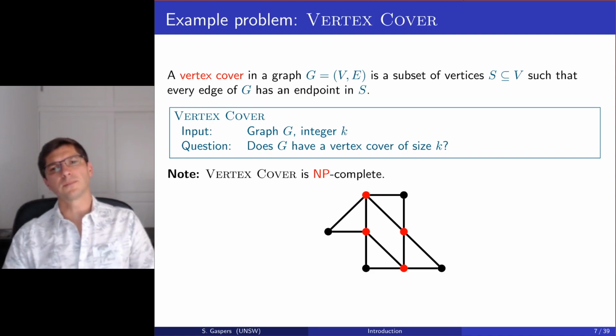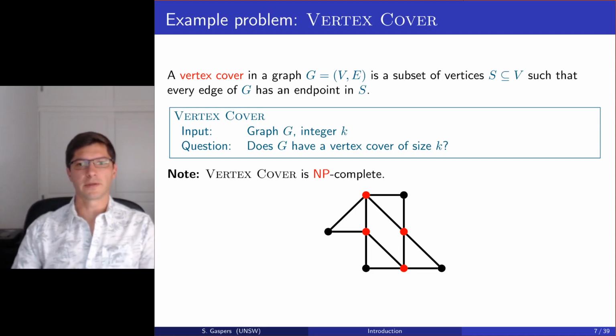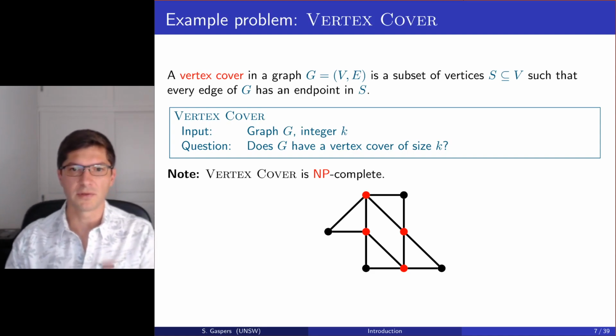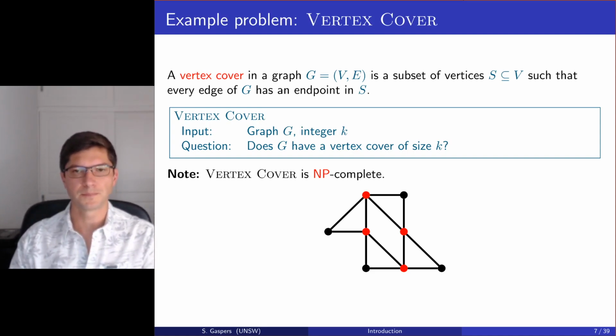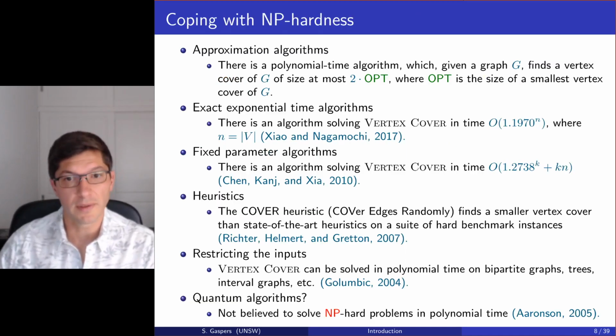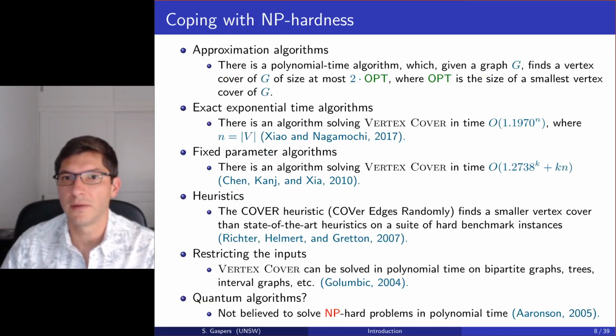Okay, so what can we do if we're facing such an NP-complete problem, specifically for this vertex cover problem? Well, there are several approaches. One well-known approach is to design approximation algorithms.